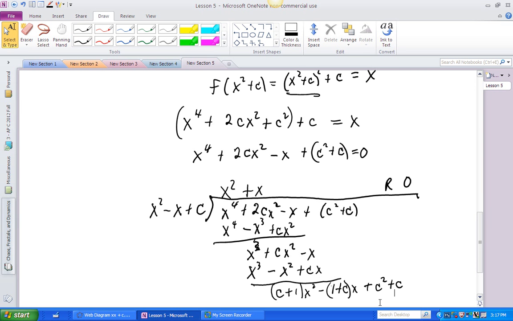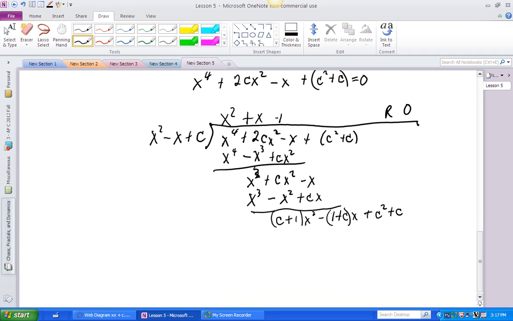Okay, and now I'm going to divide x squared into c plus 1 times x squared, and I get c plus 1. And multiplying it out, I get here c plus 1 times x squared minus c plus 1 times x plus c squared plus c.